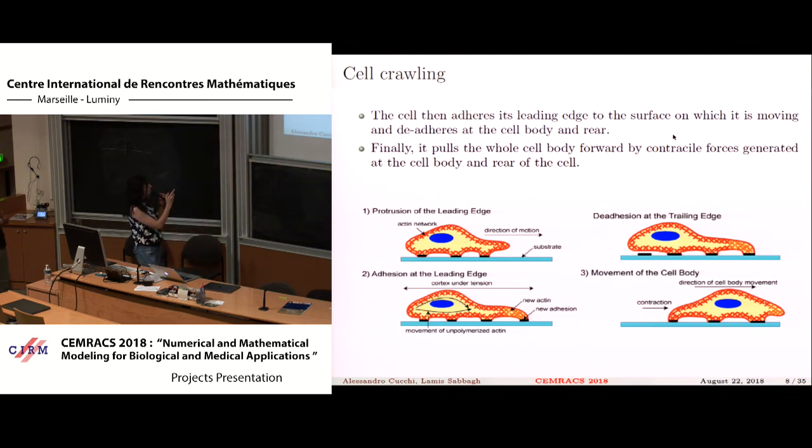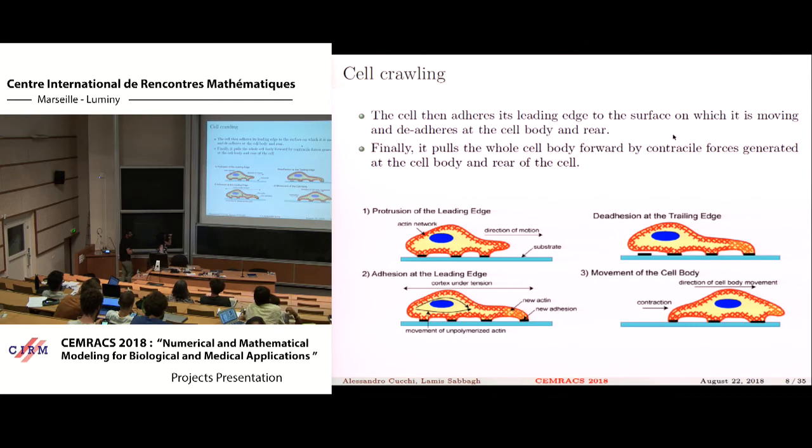So the first step, as I said before, is that the cell produces a protrusion at its leading edge, and then it adheres on the frontal side to the substrate, and then it adheres at the cell body and substrate rear.